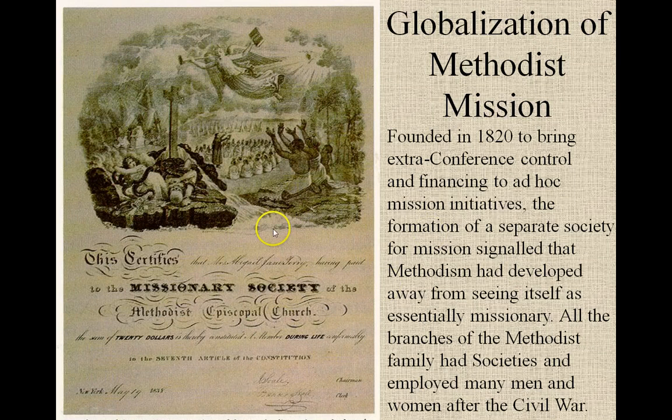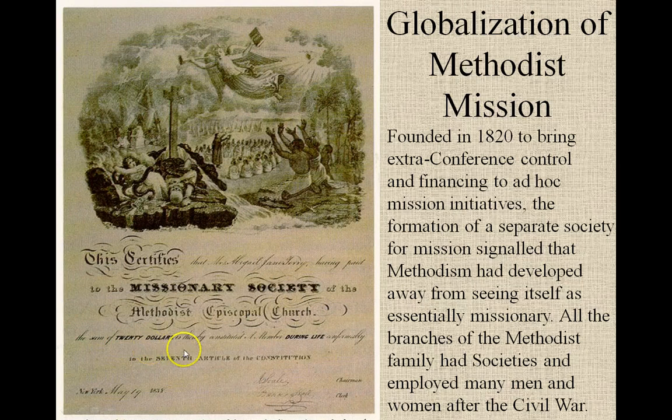And so this graphic here shows a stock certificate, a fundraising instrument used to raise money for the new mission society that really kicks into gear in 1820, but was founded officially in 1819.